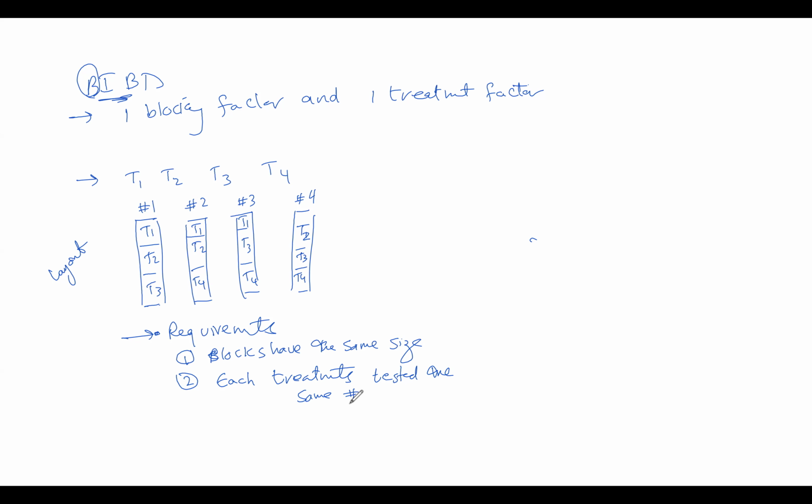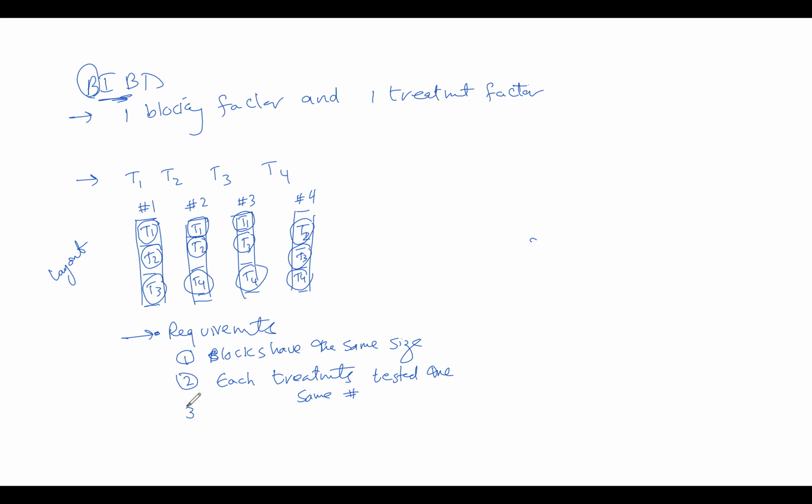So let's see if the second one is satisfied or not. Let's look at T1. T1 repeated or tested how many times? 1, 2, 3. T2 tested how many times? 1, 2, 3. T3 tested how many times? 1, 2, 3. T4 tested how many times? 1, 2, 3. So each is tested the same number of times.